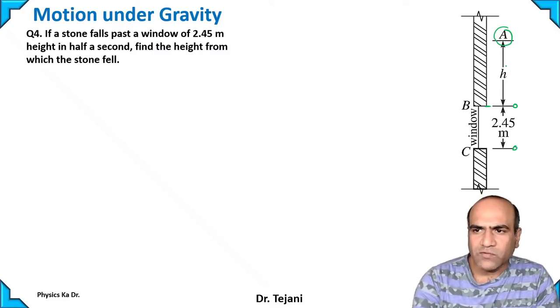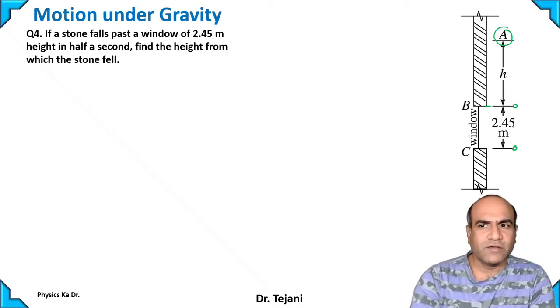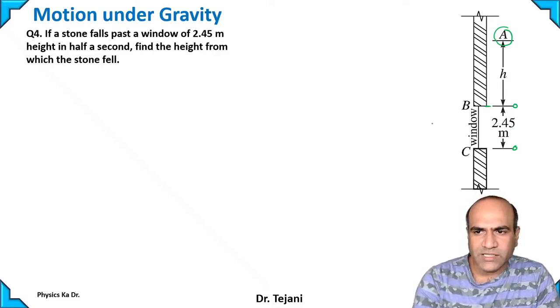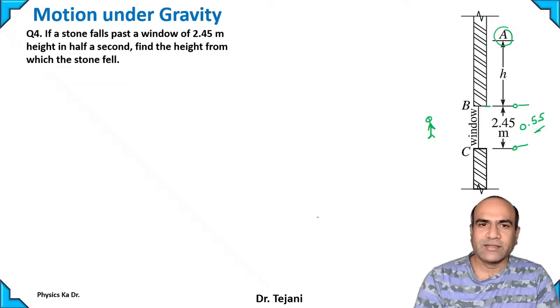When this stone falls from A to B, it is not visible, but from B to C it is visible. The window height is 2.45, and you are sitting somewhere here, and you observe that from B to C it is taking 0.5 second. That is the required, right?